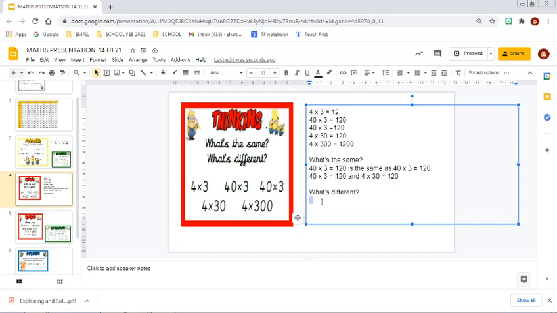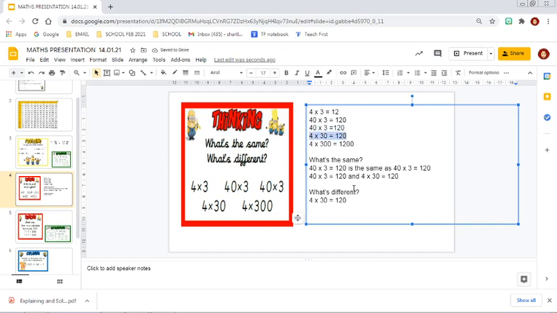Now, I could start by saying, for example, 40 multiplied by 30 equals 120, which is here.